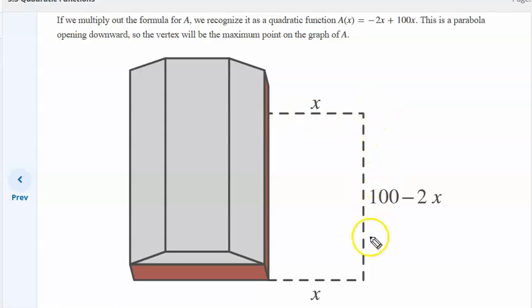Now we have 100 feet of fencing, so this is a 1x and a 1x. If we subtract that 2x from 100, we'll have this length side. And we know the formula is area equals length times width. And there is a width here, and this is our length.